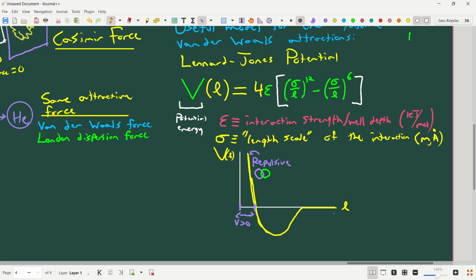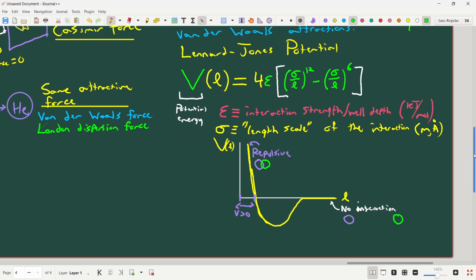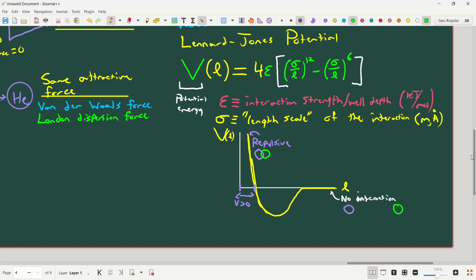And then we have this region out here where, way out here, there's no attraction, no interaction at all. That's where the atoms are so far apart they don't even see each other. And then there's this Goldilocks region in the middle where it's negative.